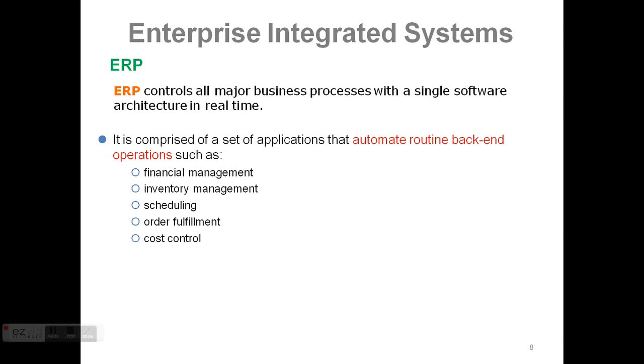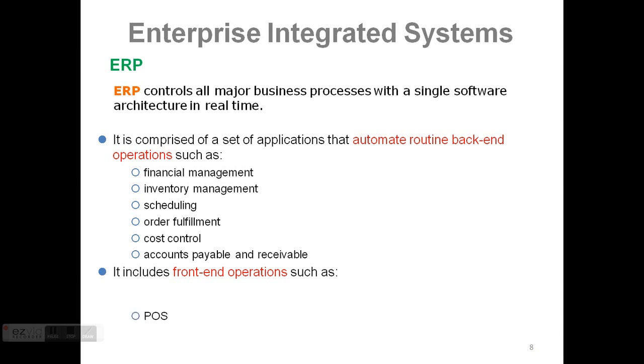It includes front-end operations as well as the back-end operations. These front-end operations are such as point of sales operations, field sales operations, services, and so on. It also increases the efficiency to improve quality and productivity and profitability.